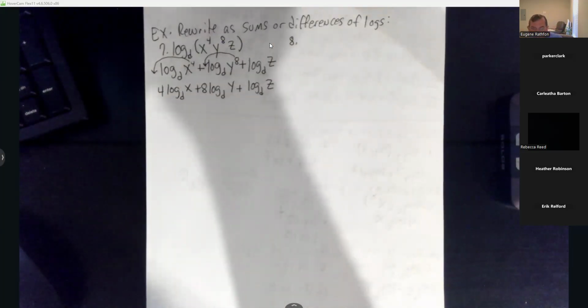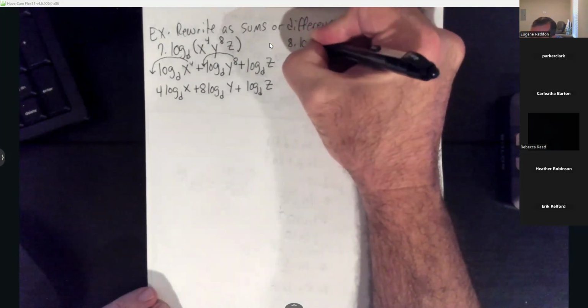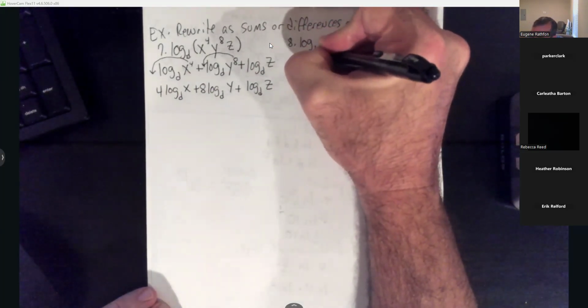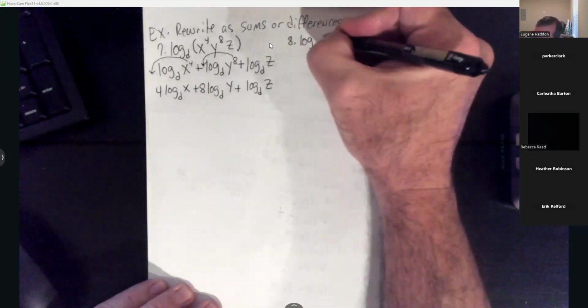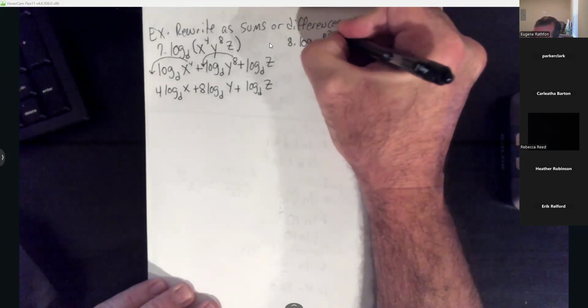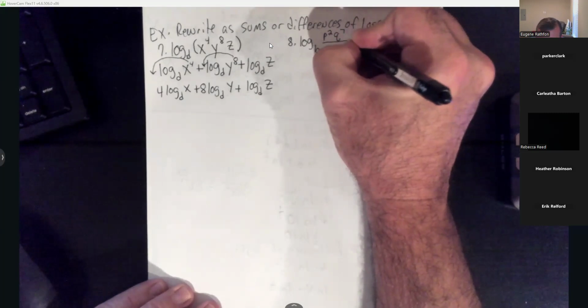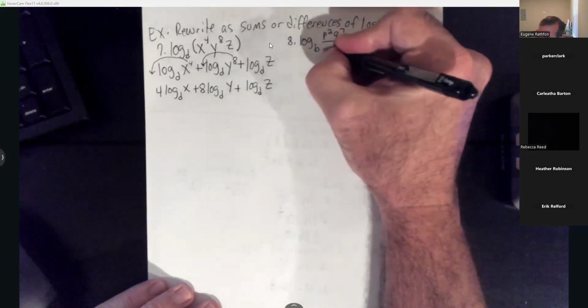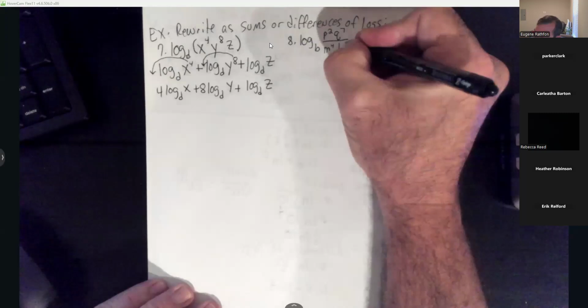All right, so we're going to turn it up a little bit on number 8 here. On number 8, we're going to have a log base b, and I've got a fraction here. I've got a p squared, q to the 7th over m to the 4th, b to the 8th.